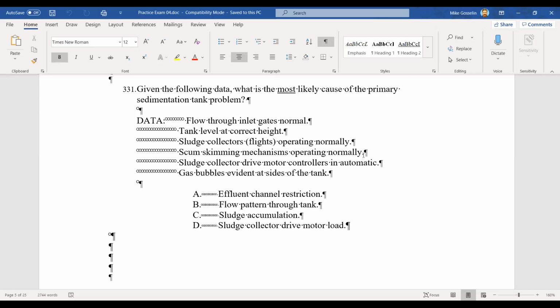Collector drives in automatic, so it's running when it should. And you see gas bubbles evident on the sides of the tank. Some thoughts on that one?